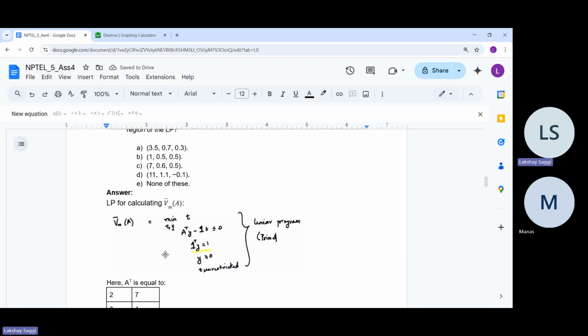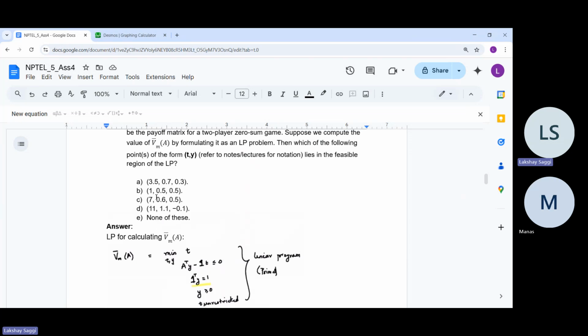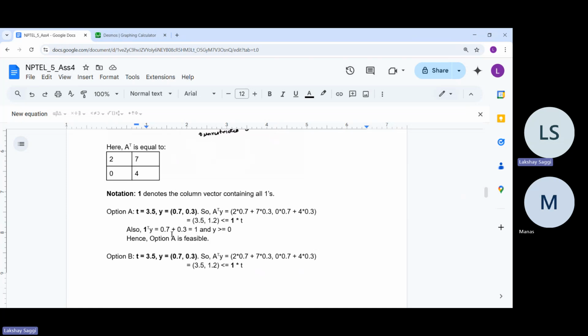So note that in option B, we have t equal to 1 and y equal to 0.5, 0.5. So what will be the value of A transpose Y? It will be 2 times 0.5 plus 7 times 0.5, and the second entry will be 0 times 0.5 plus 4 times 0.5.